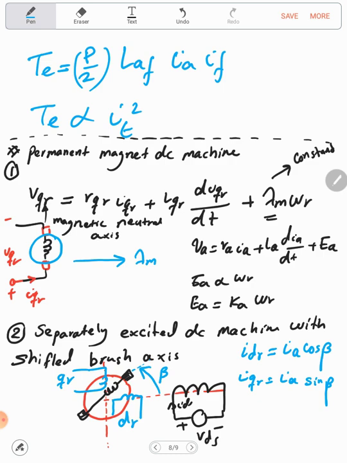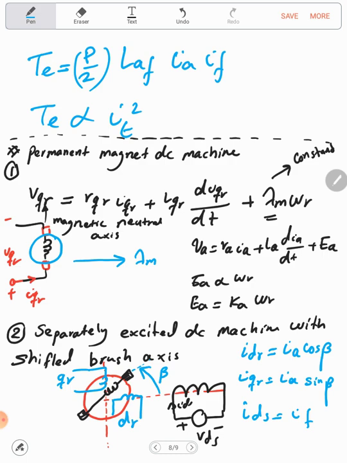Still, we have I_ds equal to I_f. So what I need you to do is to find the mathematical model in order to find the effect of the shifted brushes here. And this will be left for you as an exercise.